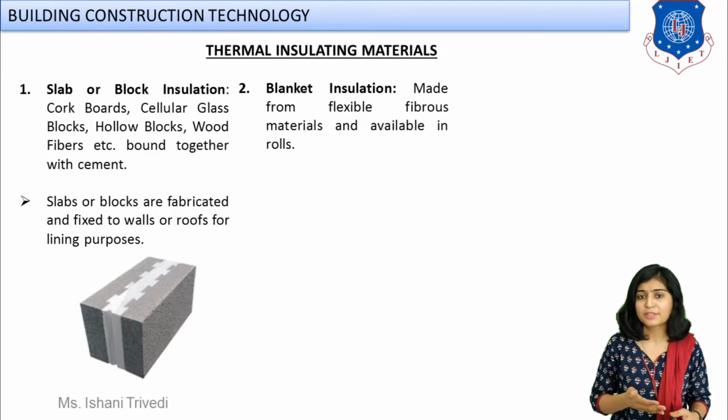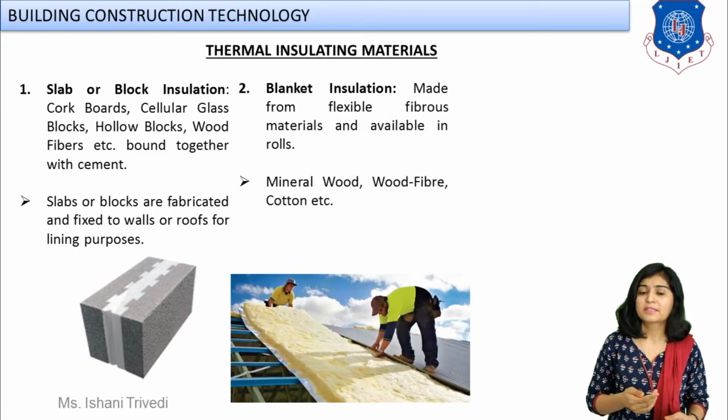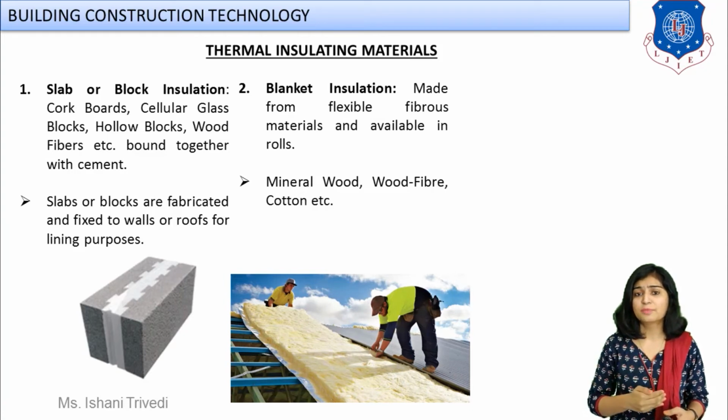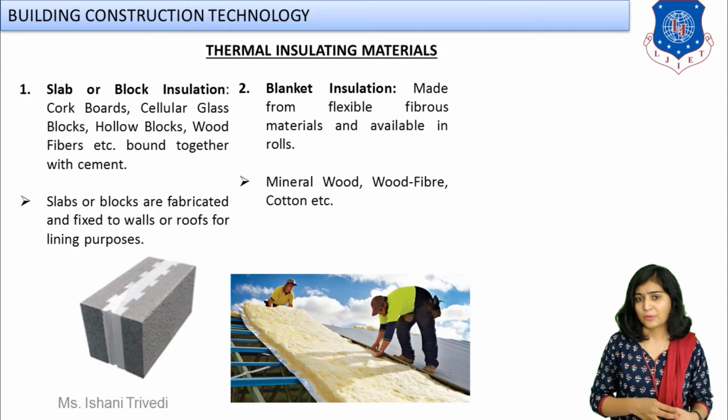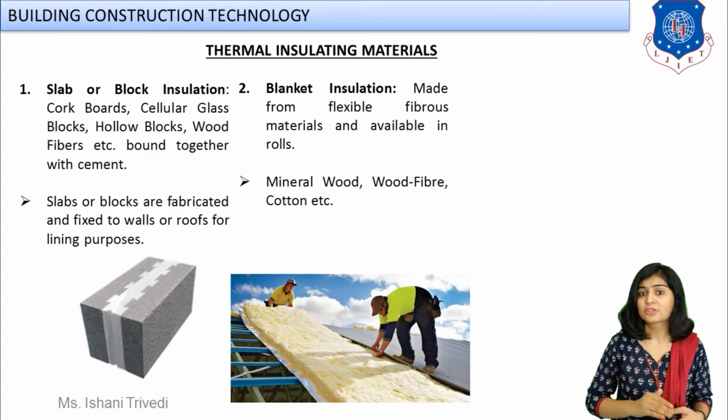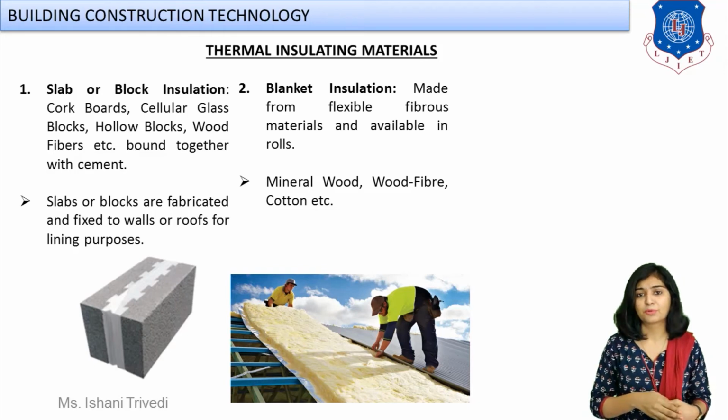your block insulation. Second we have is blanket insulation. Now look at the image flashing just below the blanket insulation. Directly the blankets are inserted on the ceilings, on the roof. Can you see that? Now these blankets which are installed intermediate in between, right, and top of that covering will be provided.